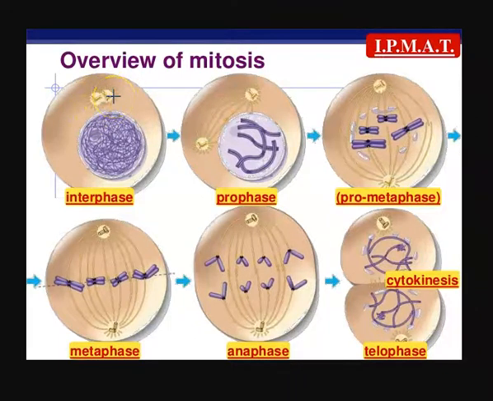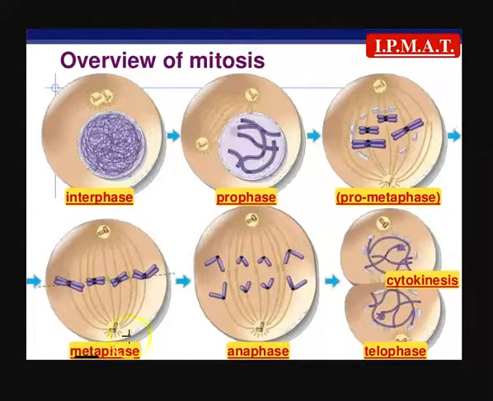When the cell is ready to go into mitosis and you enter the prophase stage, you're going to see that the chromosomes have now condensed. So you have your copies made, and your centrioles begin moving to opposite sides of the cell. The next big noticeable stage is going to be metaphase.